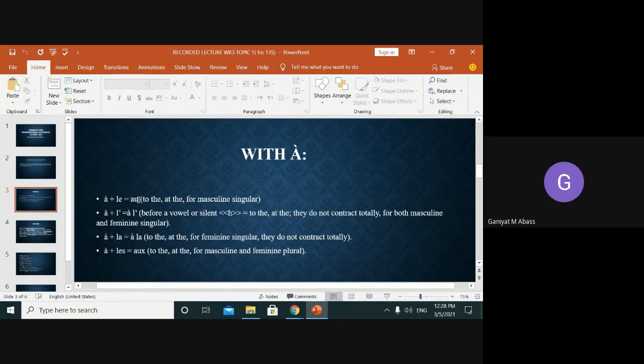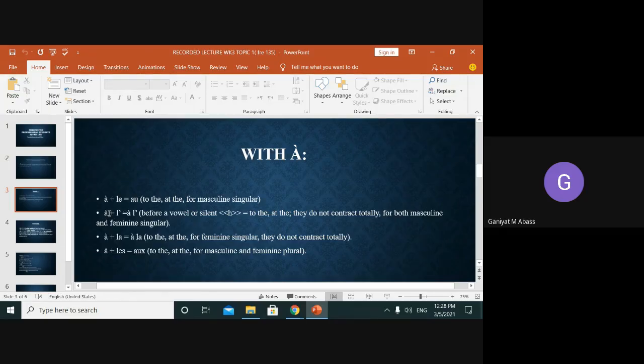Au, which is a new form of what? Preposition. You can see you are using one preposition with a definite article, and it's producing a new type of preposition. Au, this preposition is pronounced "o": to the, at the, for masculine singular.